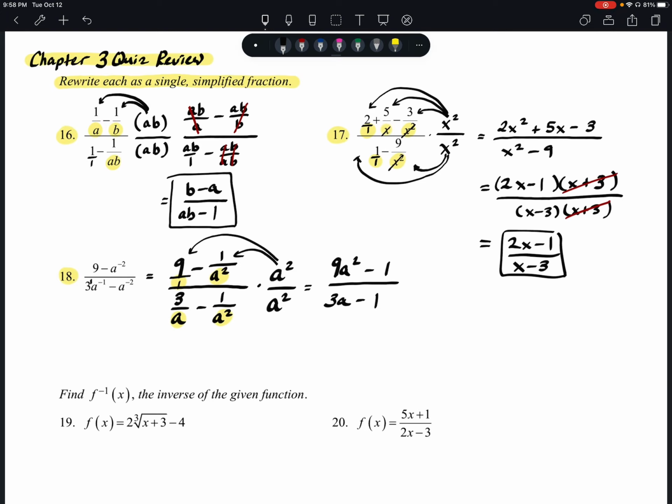No, please make sure you're paying attention to whether things factor or not. In this case, 9a squared minus 1 is a difference of squares. So 3a minus 1 times 3a plus 1 all over 3a minus 1. And now we can cancel out the factors that appear on the top and the bottom. And our final answer for number 18 would be 3a plus 1.